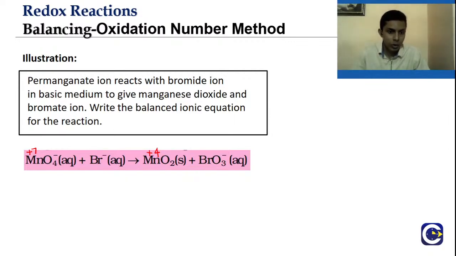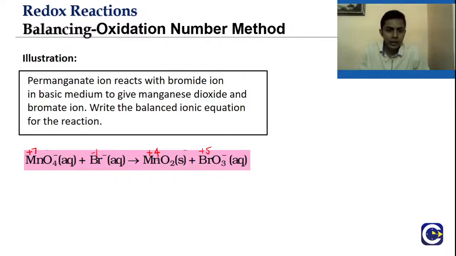What about Br minus and BrO3 minus? Answer it quick. Which one is undergoing oxidation and which one is undergoing reduction? Br minus to BrO3 minus is minus 1 to plus 5.